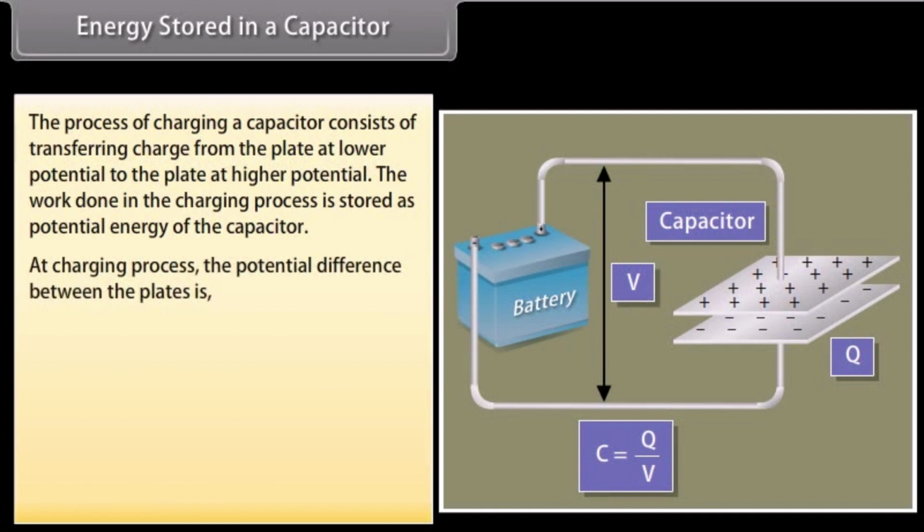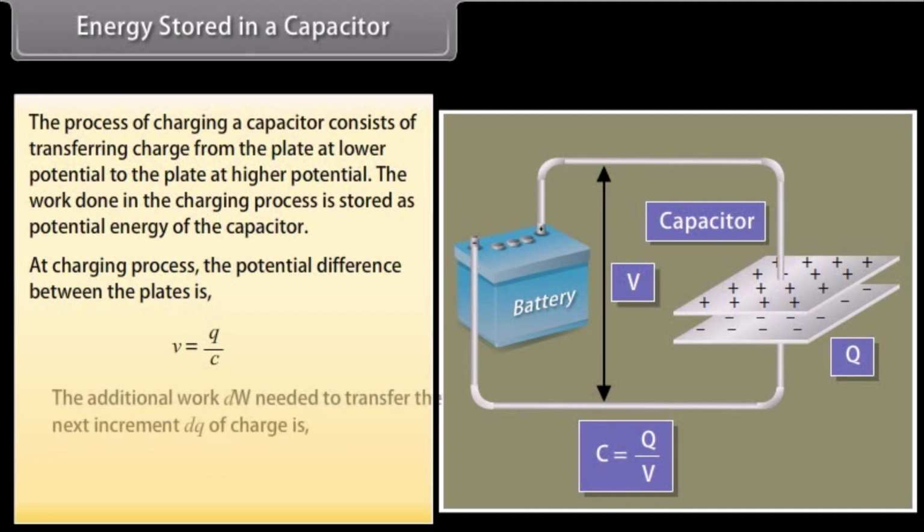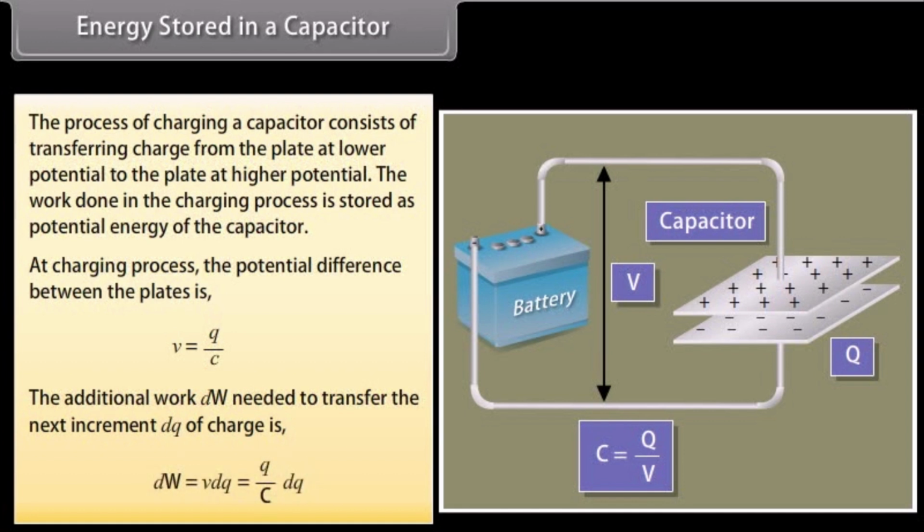At any stage of the charging process, the potential difference between the plates is V is equal to Q by C. The additional work dW needed to transfer the next increment dQ of charge is given by dW is equal to V dQ, which is equal to Q by C into dQ.